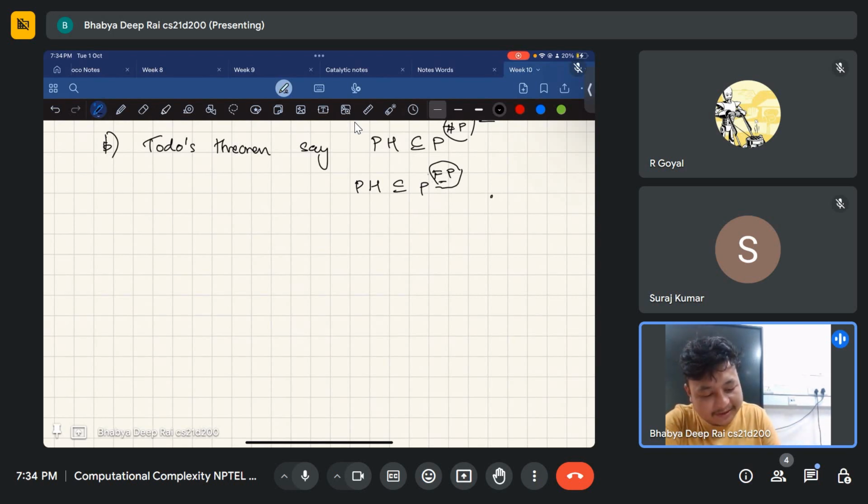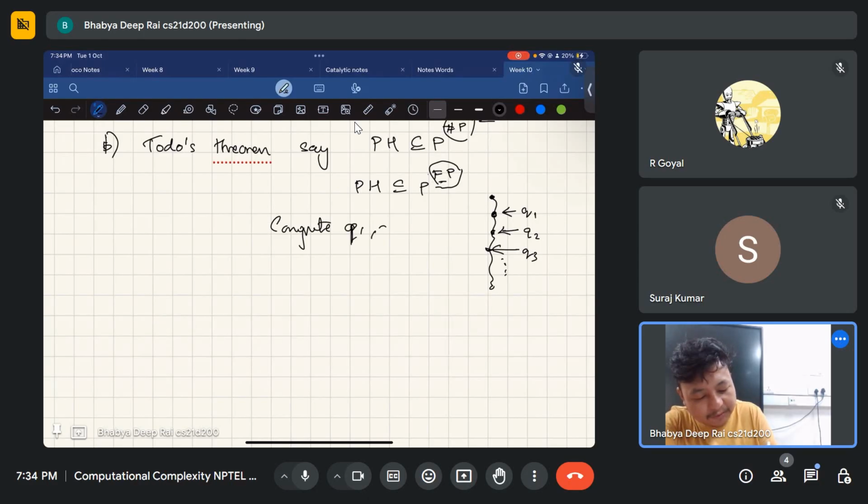On the way, P makes queries to the FP oracle, Q1, Q2, Q3, and so on. Compute Q1, Q2, and so on in polynomial time without the oracle.